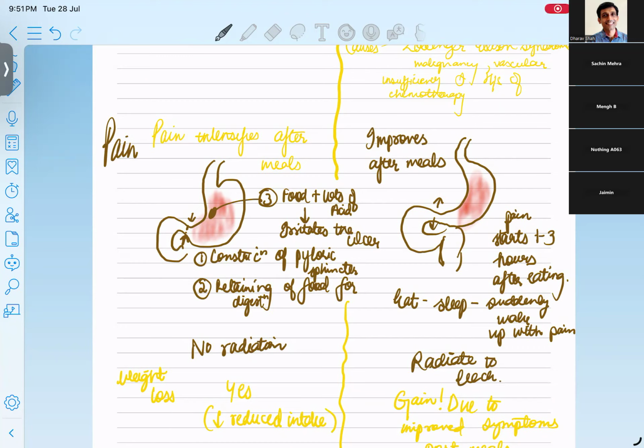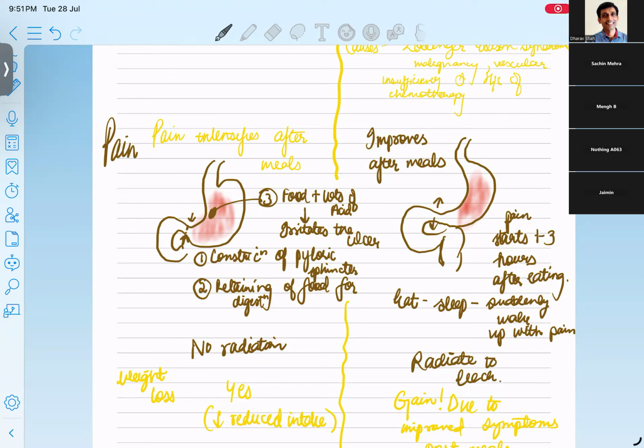Why? क्योंकि जब खाना अंदर आता है, the gastric starts its action. There is constriction of pyloric sphincter. क्योंकि pyloric sphincter चाहता है कि स्टमक अपना काम अच्छे से with patience करे, so it doesn't allow the food or the gastric content to go out.